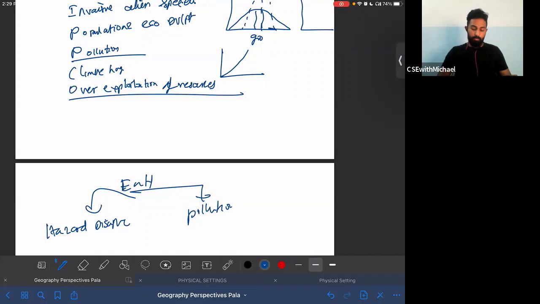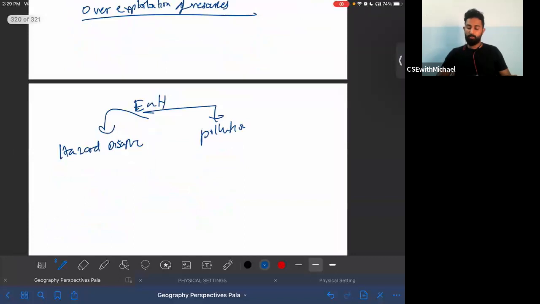Such an environmental degradation can be caused by two different factors, that is hazards and disasters or pollution. Okay, that is environmental degradation.